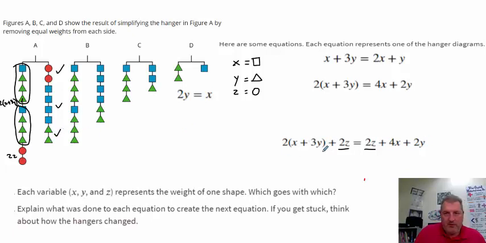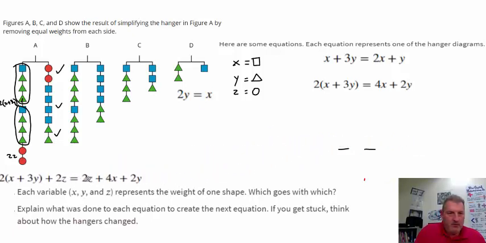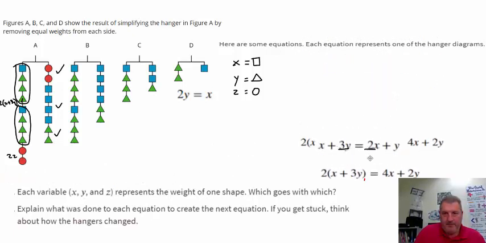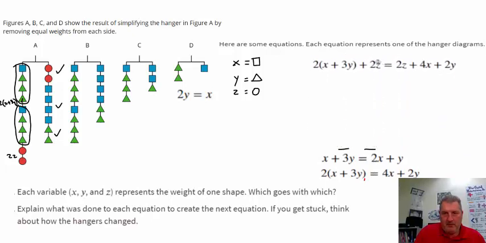Yep, so it looks like this one here matches up with A. So I'm going to move that over. Well, we don't have enough room here. I'm just going to put it up top and say this matches with A.